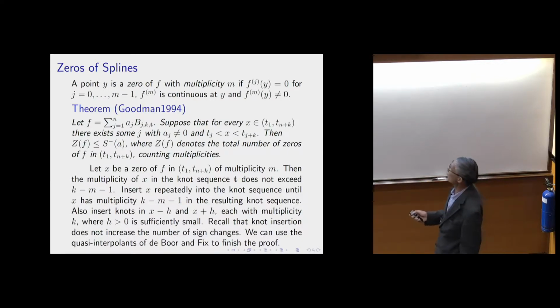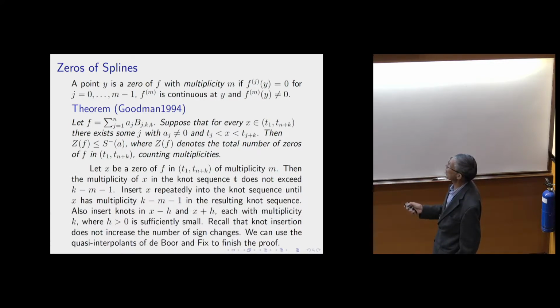Now, how about the proof? I only give an outline of the proof. Suppose x is a zero of the function in that interval. Then insert the node x repeatedly into the node sequence until x has multiplicity k minus m minus 1.